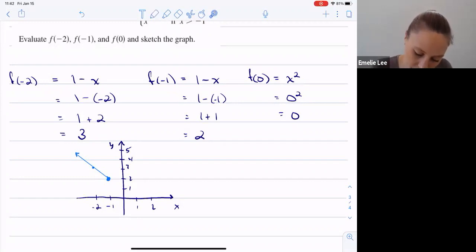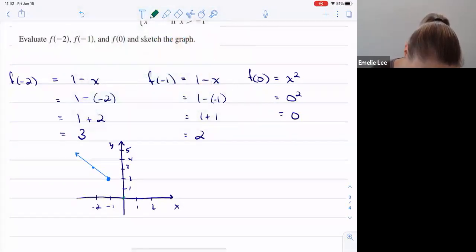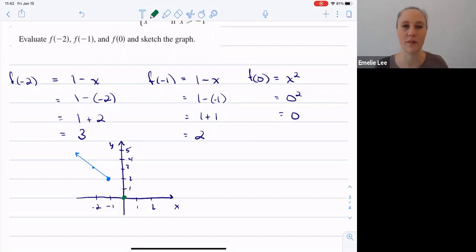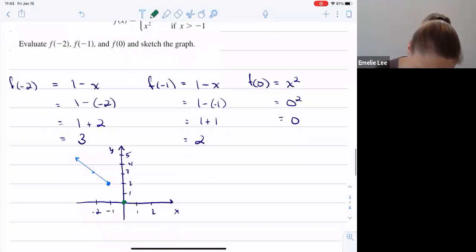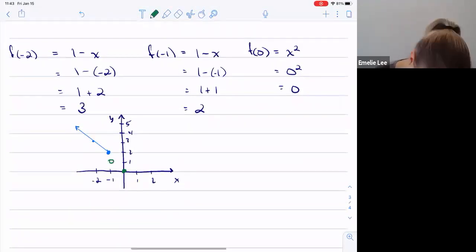For the parabola, I know when x is 0, y is 0, so maybe I'll use a different color here. So I've got that point there at 0, 0, right? Because it goes up to -1 but not including -1, I want to figure out what the behavior is at -1. -1 squared is 1, so it's going to go up to -1, 1, but not including -1, 1.